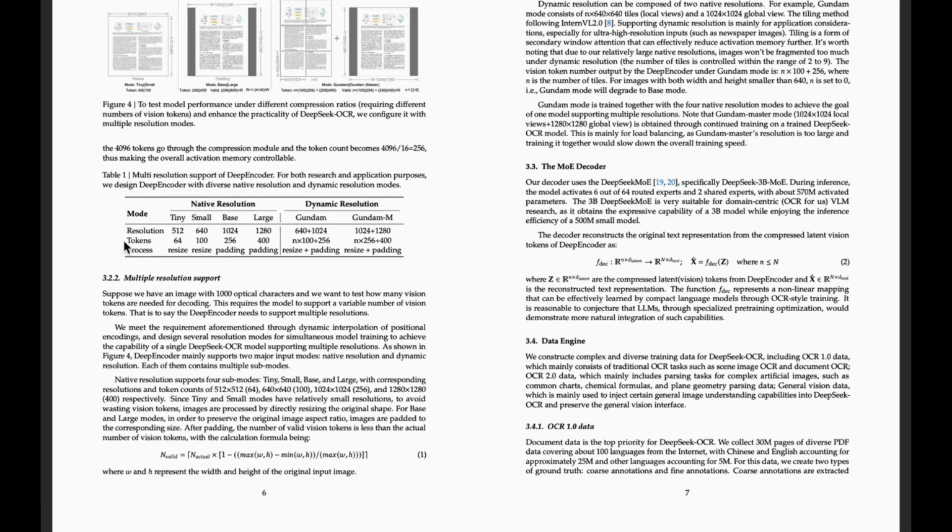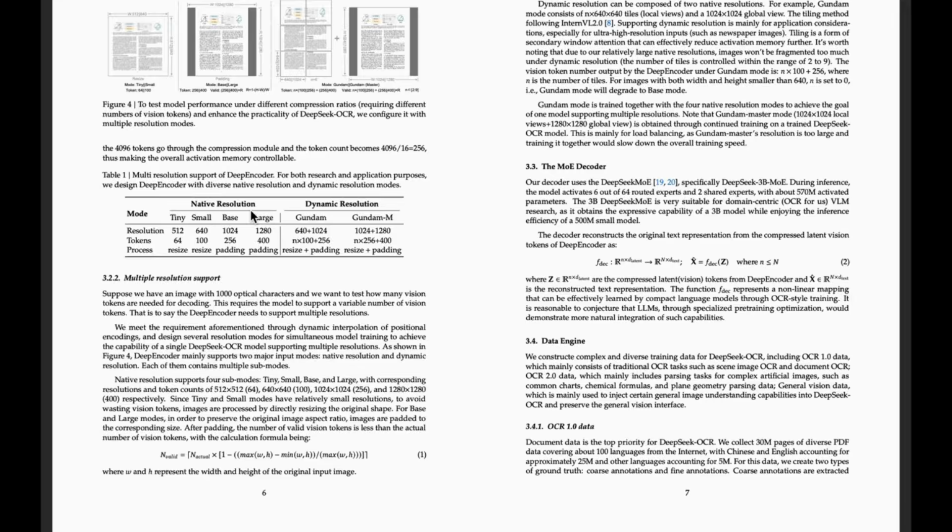If you see here, tiny, small, base, large. Tiny takes around 512 by 512, which gives around 64 tokens, and small is around 640 by 640 image, which will be 100 tokens, and base is 1024 by 1024, which will be 256, and then large is around 1280, which will be around 400 tokens.